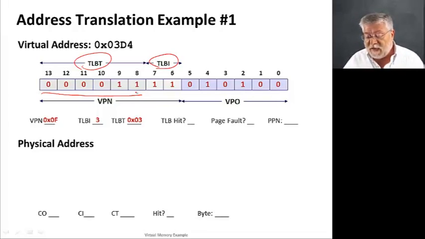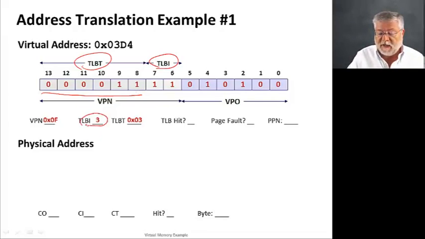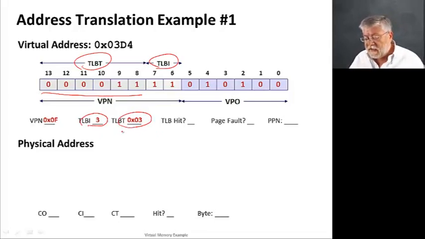Well, if we go to that particular set in the TLB and look for that tag, if that tag is present, we would like to know if that's a valid entry or not. And we'll see that, in fact, if we refer back to our TLB contents, that is a hit, and it is not a page fault because that is a valid entry.